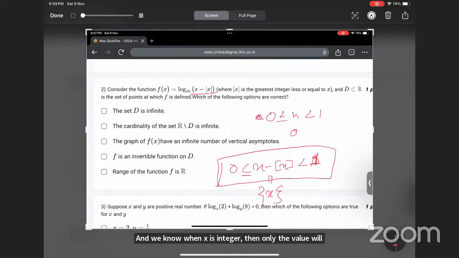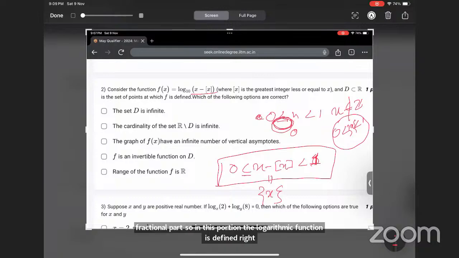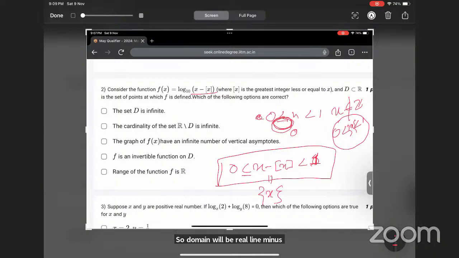So we will not consider the integer values. If we do not consider the integer values, then we get the fractional part greater than 0, less than 1, and in this portion the logarithmic function is defined, right? So the domain will be the real line minus the integers. Is it clear?